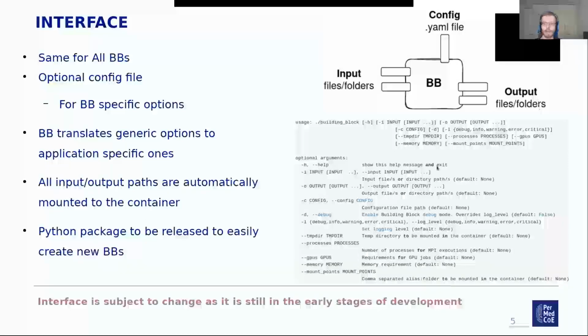Then we have these really generic optional arguments, like, okay, give me some debug information, set the log level, where is the temporary directory located, how many processes to launch, do you need GPUs, and how much memory we're going to use.